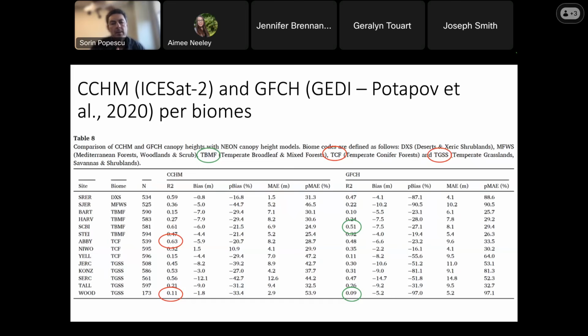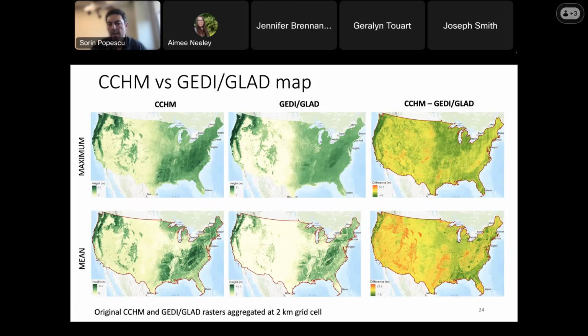The lowest correlation here was observed for temperate grasslands, savannas, and shrublands. But of course, you probably would expect that such sparse vegetation with low canopy height would not correlate well with those spaceborne data sets. There's a difference over the whole continental US between those two maps, and we explore it here, but I won't have time to go into a whole lot of details.